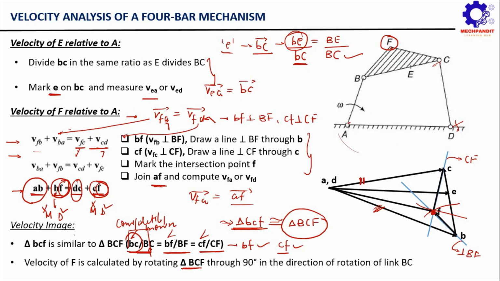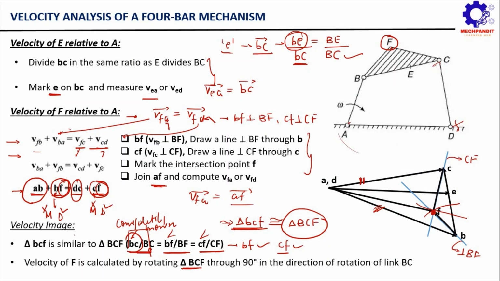So we can simply say that triangle BCF in the vector diagram is obtained by rotating the triangle BCF of the configuration diagram. It's very simple. That is what it is trying to convey.